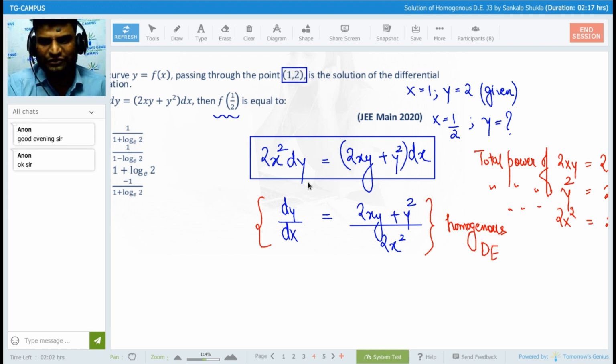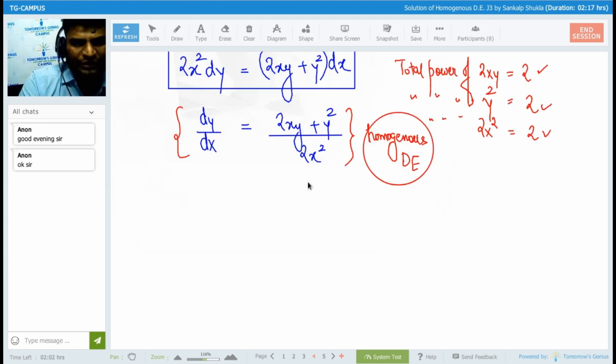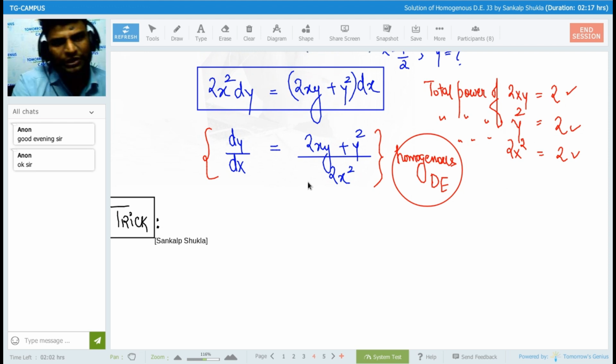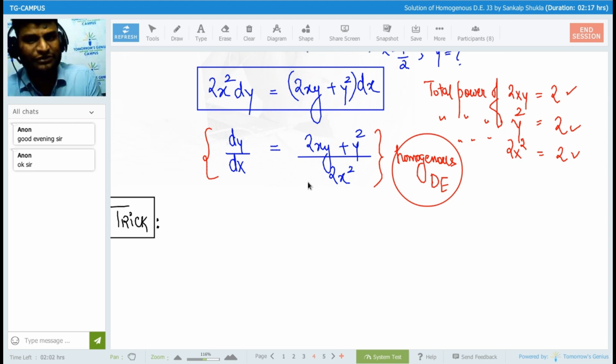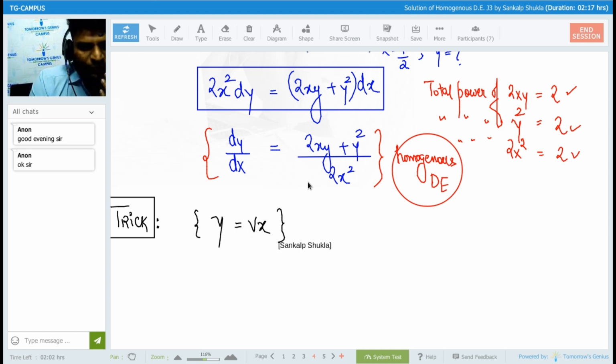So now we know that it's a homogeneous differential equation. Now what is the trick to solve? Whenever you are dealing with a homogeneous differential equation, in each and every equation you have to apply the same trick, and the trick says put y is equal to vx, where this v will be your variable.